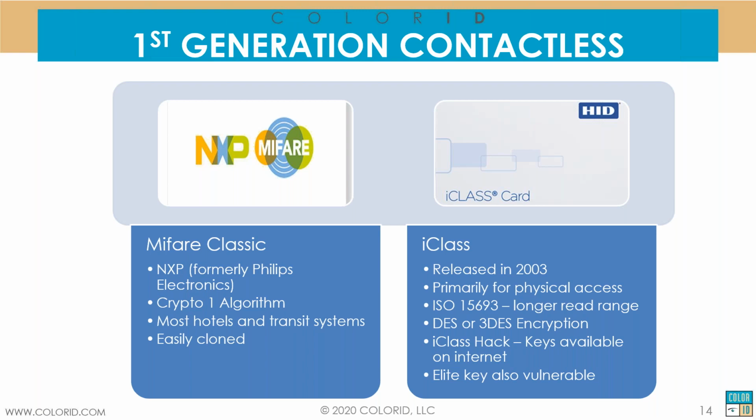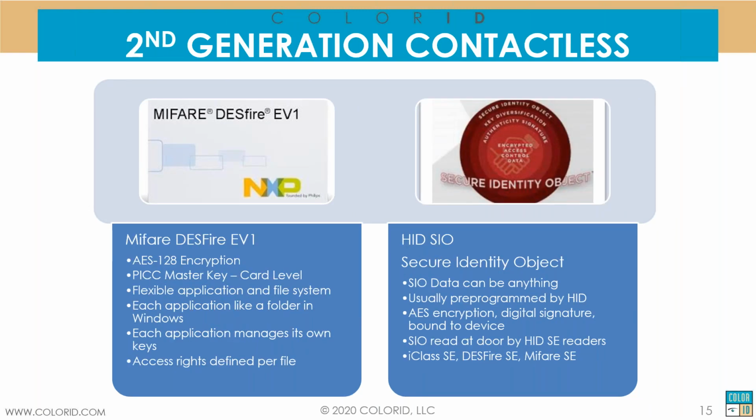The only problem with iClass is about 7 or 8 years after its introduction, some really smart European academics hacked an iClass reader, not the card itself, but a reader, and got information about how the iClass card was programmed that made it vulnerable to cloning in the future.